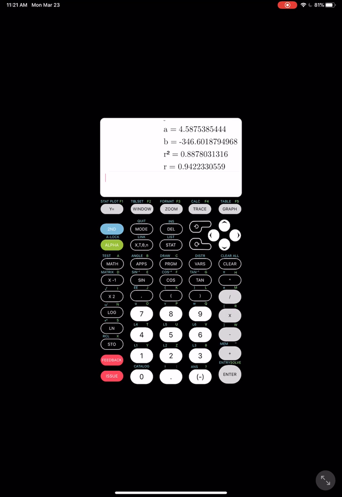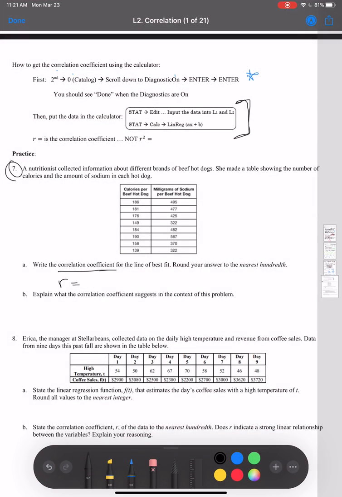So we're looking at the r value. Our r value is 0.9422. So I'm going to write that down here. 0.9422. But the directions asked to round to the hundredth place, so that is 0.94.